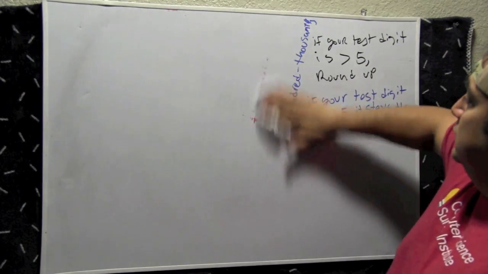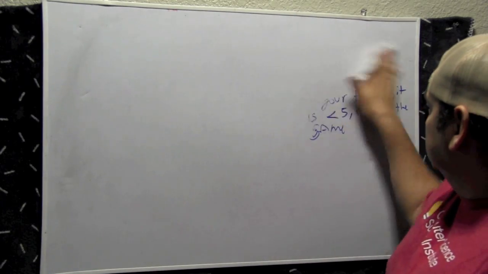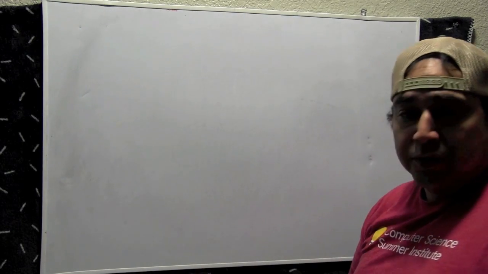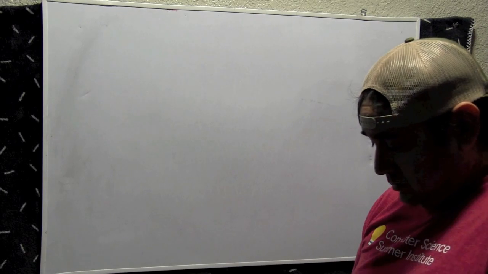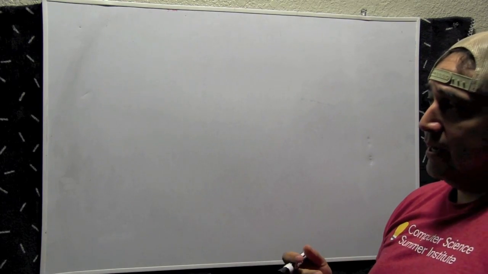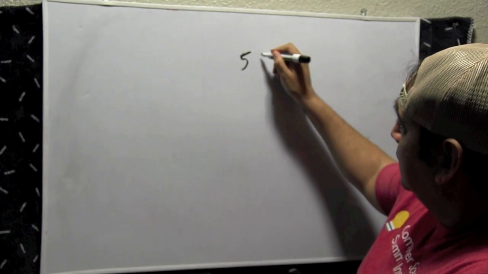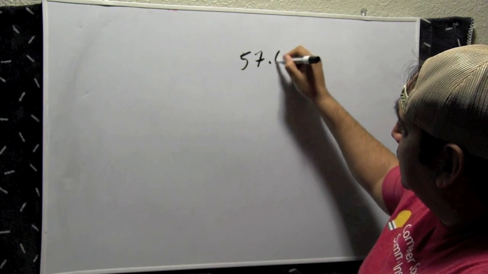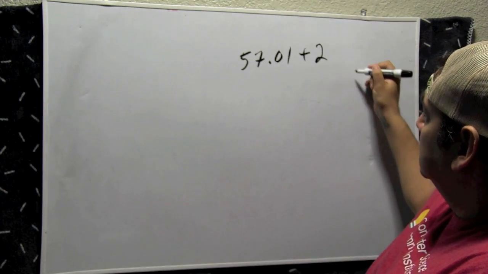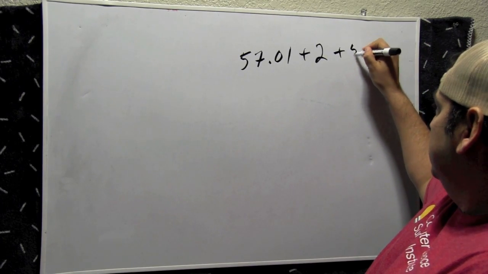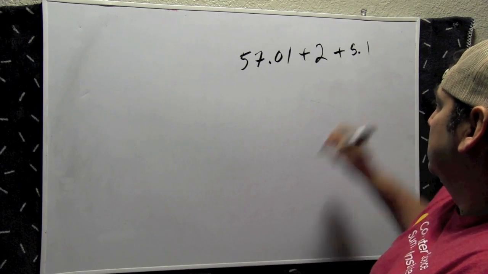All right, let's now go to adding. I'm going to assume that you already know how to add. But I had trouble adding decimal numbers, so this is most likely going to be on the GED test. Say for example you have 57.01 plus 2 plus 5.1.